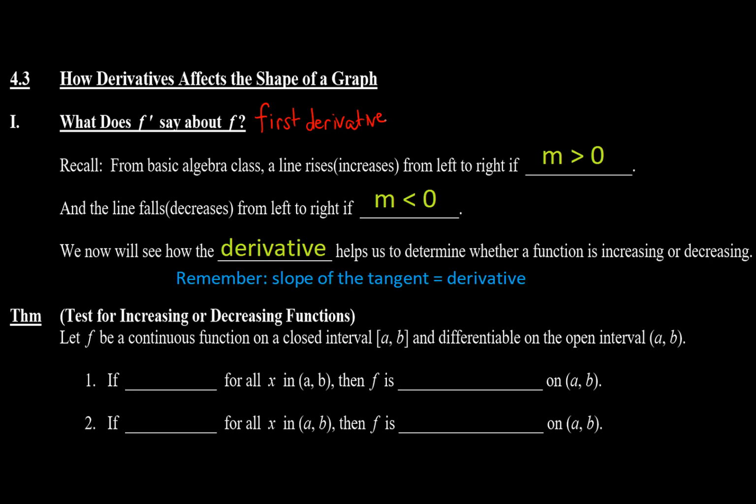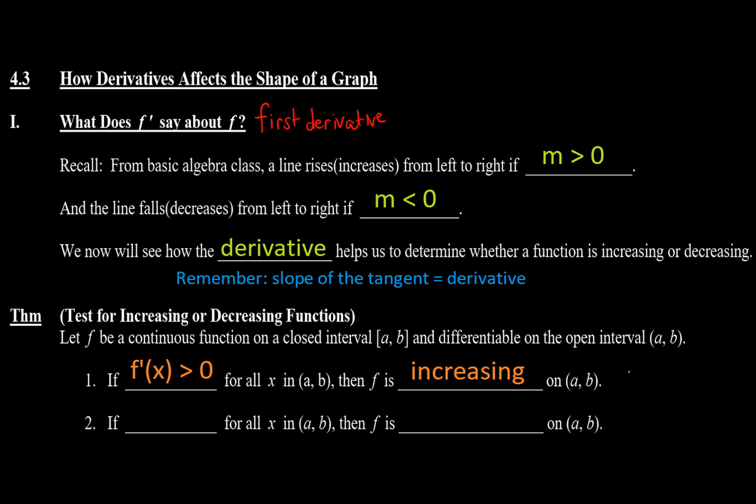So let's look at a test for increasing or decreasing functions. Let f be a continuous function on the closed interval [a, b], and it's going to be differentiable on the open interval (a, b). If the first derivative is positive for all x in the interval (a, b), then f is increasing.